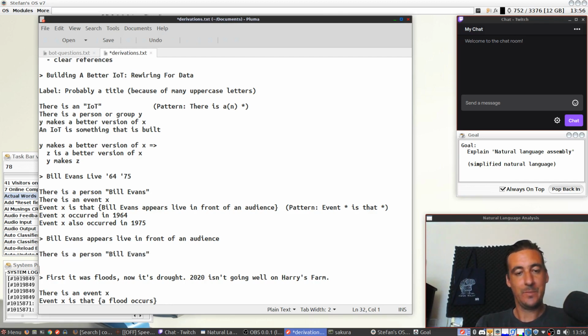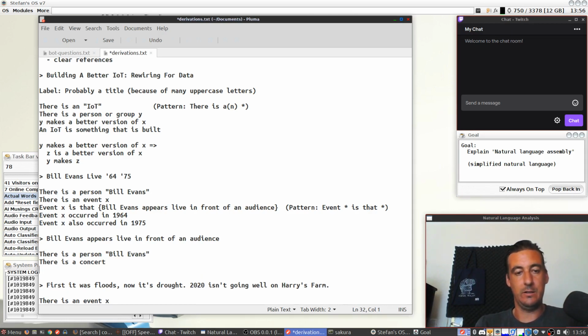Actually, here, there's some crucial information hidden in this line. It appears live in front. There's a concert. And Bill Evans performs in concert.